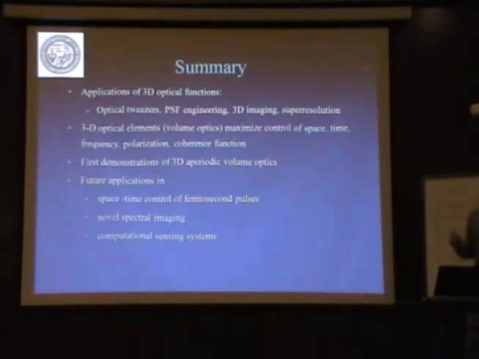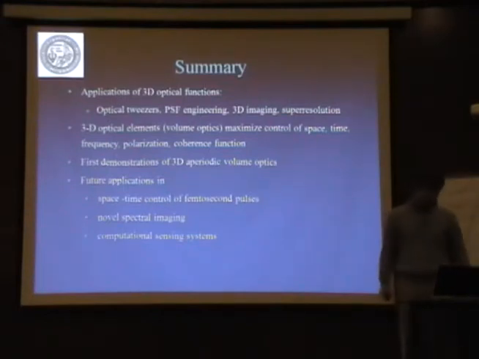These give you more degrees of freedom to get this shift variance, which is useful. We talked about controlling frequency, polarization, and you could think about controlling other properties of the wave.